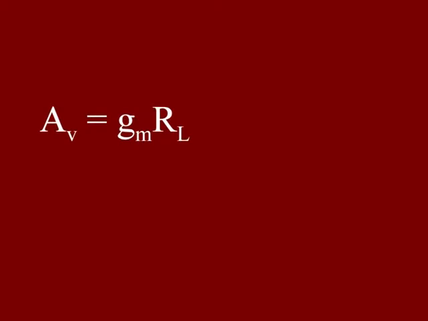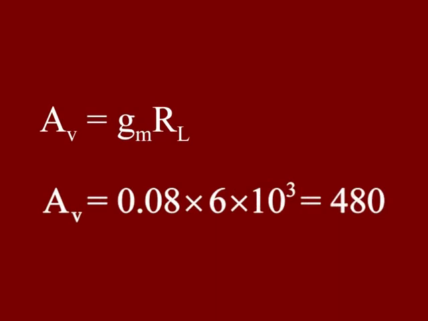For finding the voltage gain AV, we know that AV is equal to Gm into RL. Substituting the values of Gm and RL in the formula, we get AV equal to 0.08 into 6 into 10 raised to the power 3, which turns out to be 480.